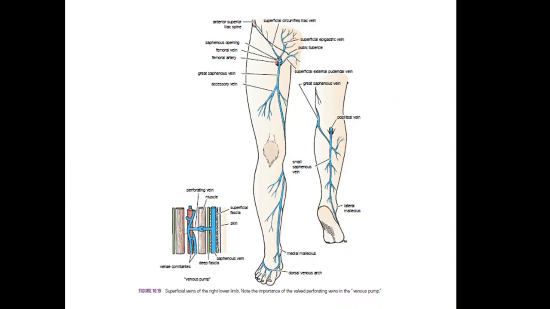Then, after piercing the deep fascia in the upper thigh, it enters an opening which is called the saphenous opening. If you can see, this is the area of the saphenous opening. And at this area, the great saphenous vein joins the femoral vein. That is, it becomes the femoral vein.